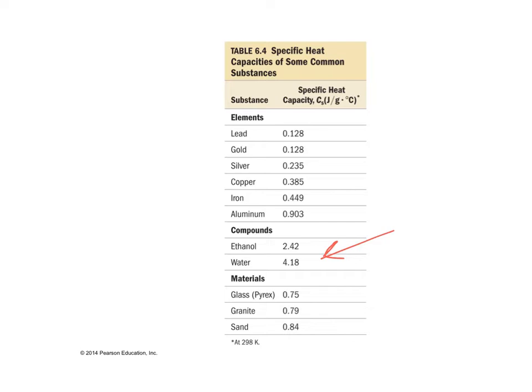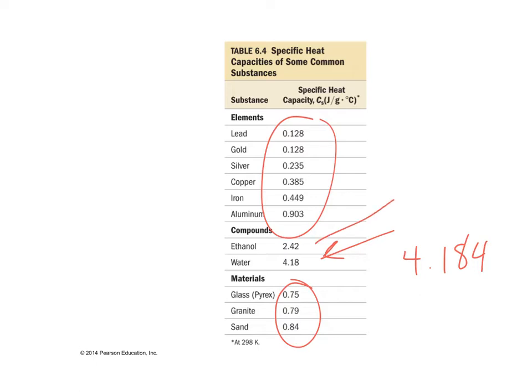You're going to see this a lot, and you're going to see it more likely as 4.184, because that's the number that we almost always use. But recognize that all the rest of these are really small. Look at these, all less than 1, right? So water is an extremely important compound in terms of its capacity to absorb heat. Ethanol has some similarities, and ethanol is greater than 1 because it has what we talk about as hydrogen bonding. In other words, it holds itself together pretty well, and it can absorb heat.